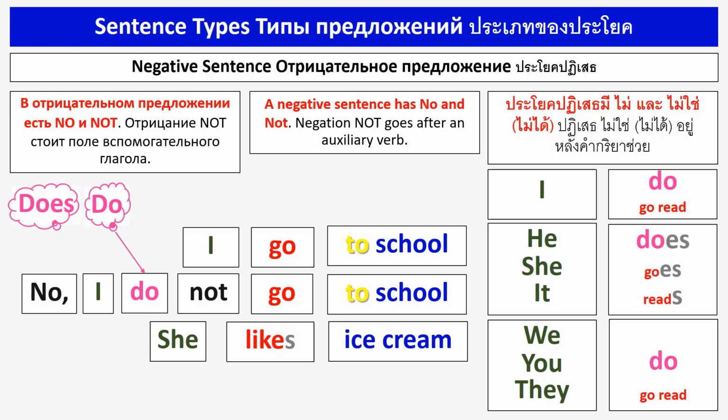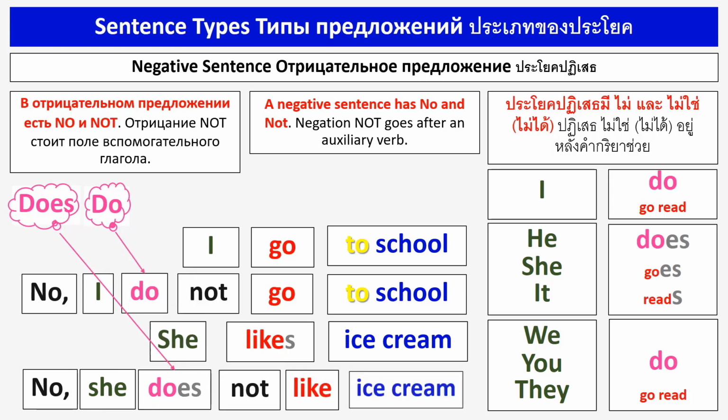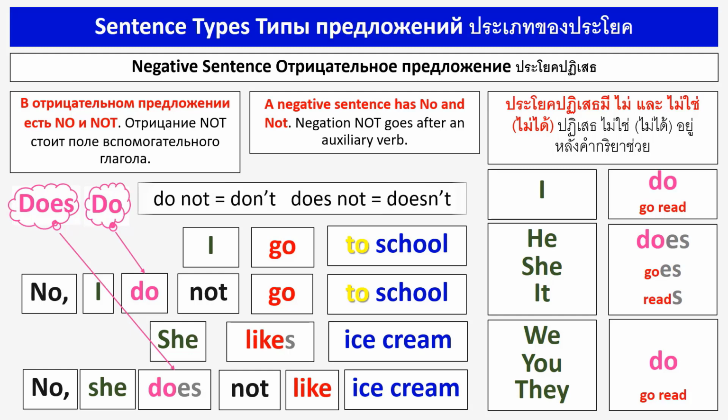She likes ice cream. No, she does not like ice cream. Do not, don't, does not, doesn't.